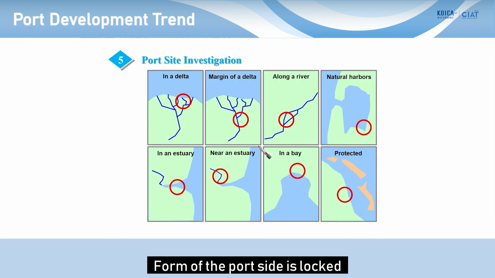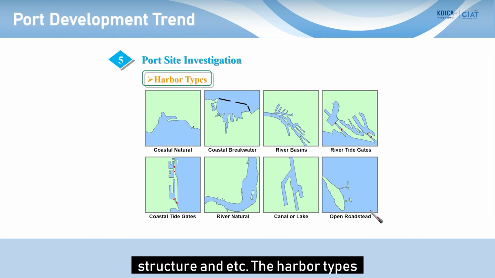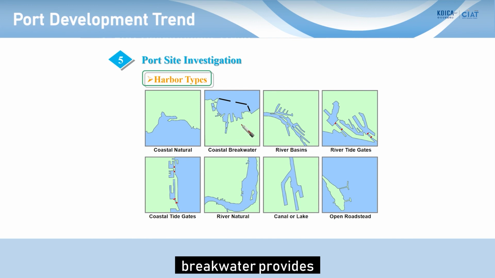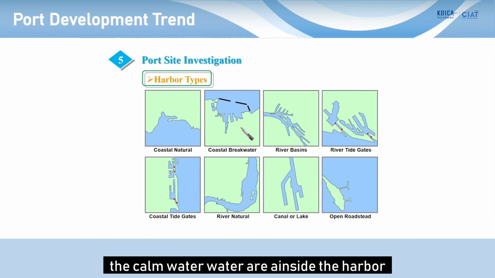The general form of the port site is located in a delta area, or along a river, or a natural harbor area, or in a bay, or protected by another island or artificial structure, etc. The harbor type: the natural coastal harbor, or with a breakwater, provides a calm water area inside the harbor.